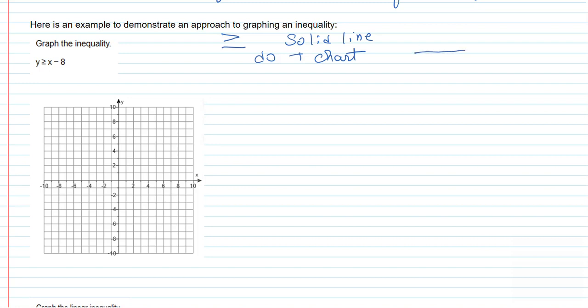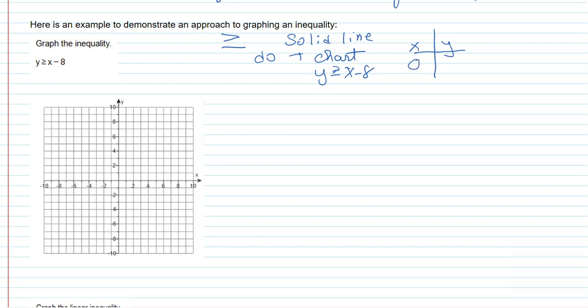So let's look at that. Here's our x values and here's our y values. And they're just ordered pairs that we solve the equation for. And we know our equation is y is greater than or equal to x minus 8.